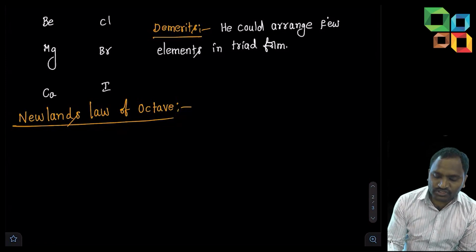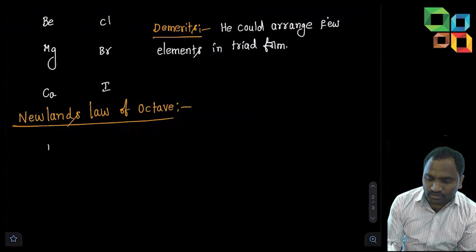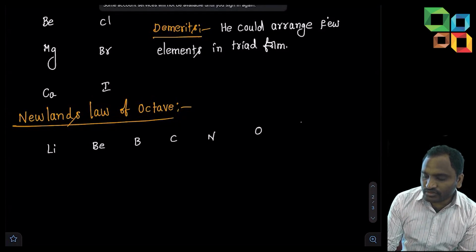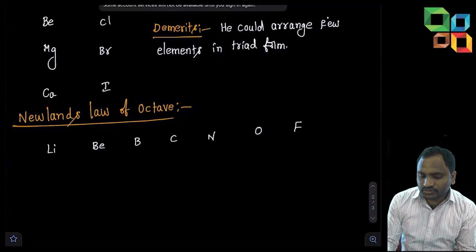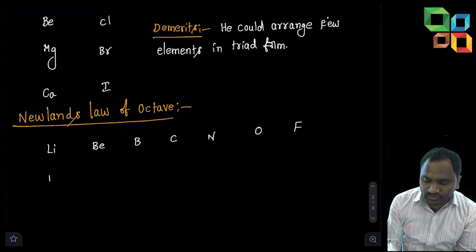For example, if you see lithium, beryllium, boron, carbon, nitrogen, oxygen, fluorine, then sodium: 1, 2, 3, 4, 5, 6, 7, 8 elements.